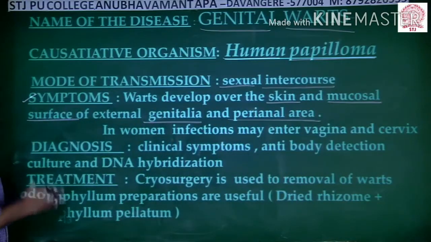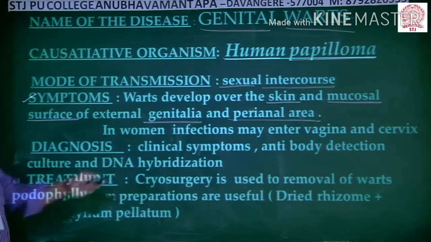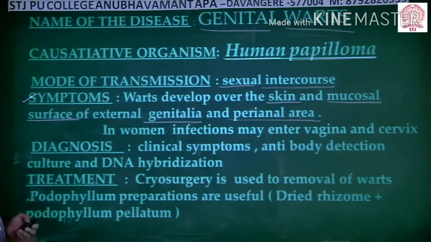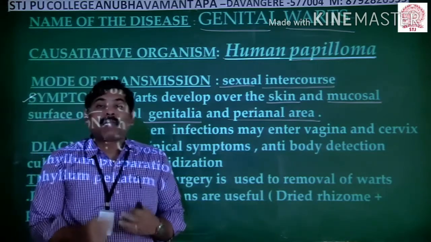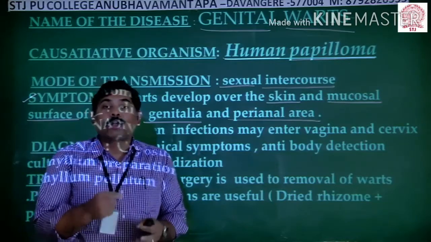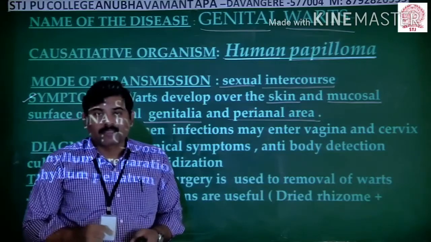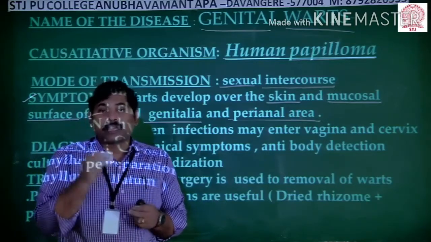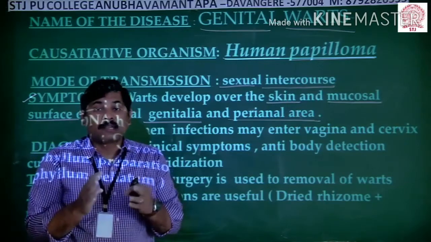Here we can see the development of a wart. Then what is meant by a wart? It is a hard outgrowth on the skin with a horny surface. A hard outgrowth on the skin with a horny surface is known as a genital wart.